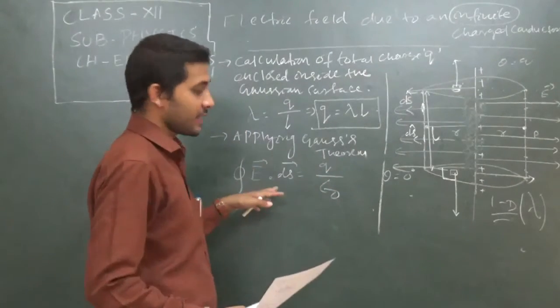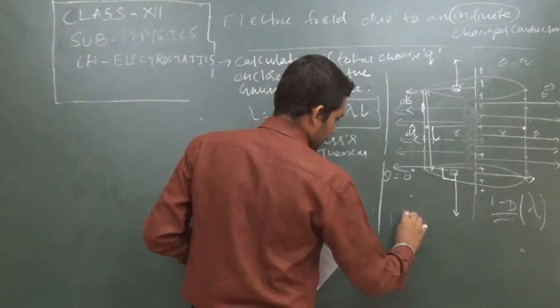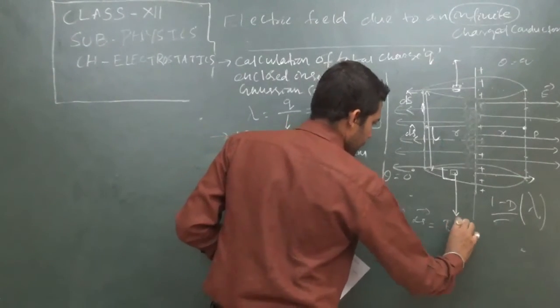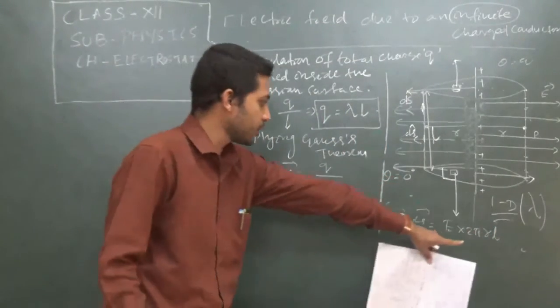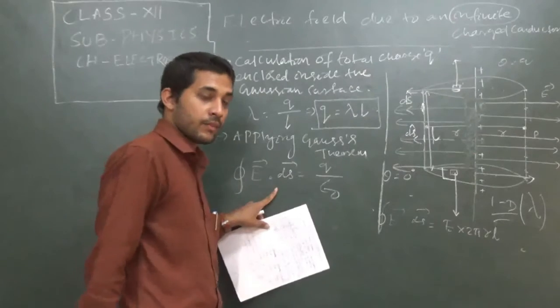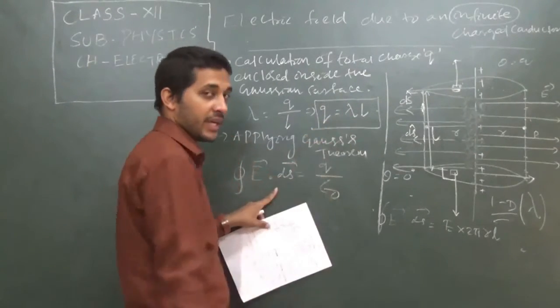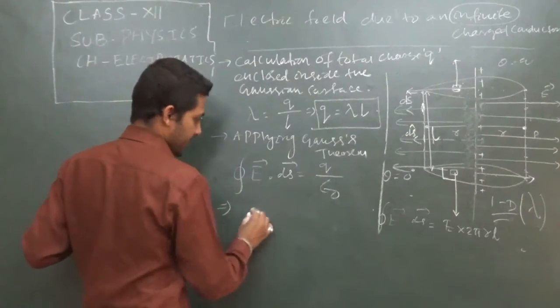See, from the second step you found the closed integration of E dot ds to be E into 2 pi RL. You got this much? So we will put this value here. Then we will get the expression for Q, that is lambda L. Epsilon will remain like this. So if I put this, how much will I get?